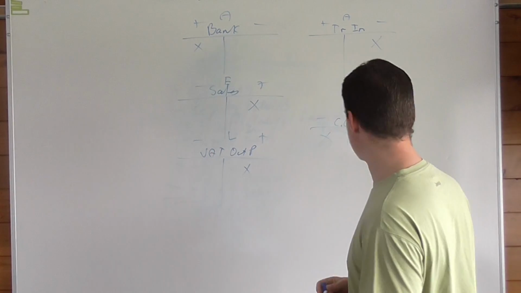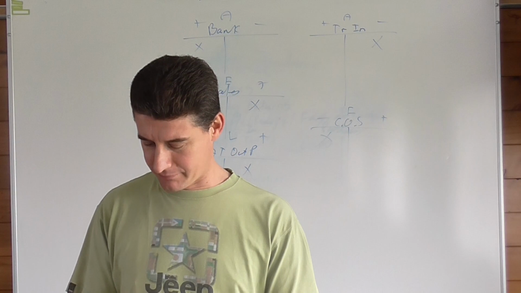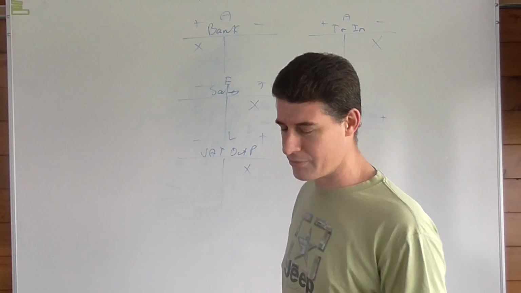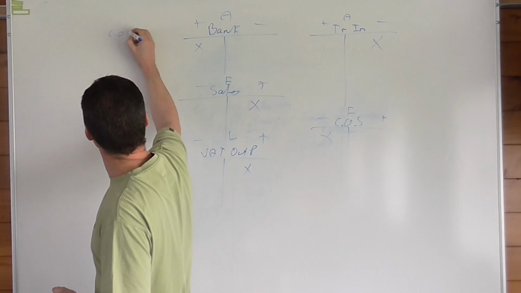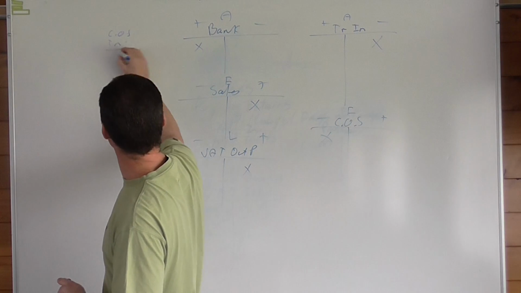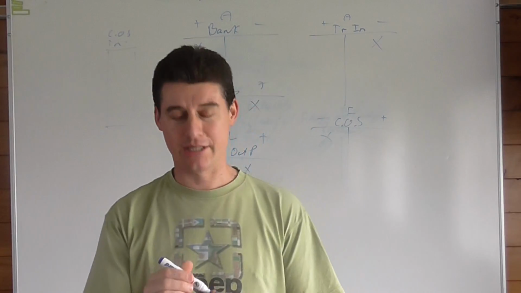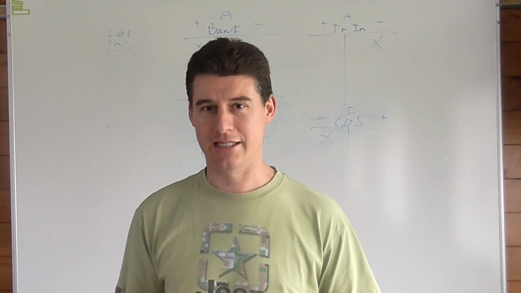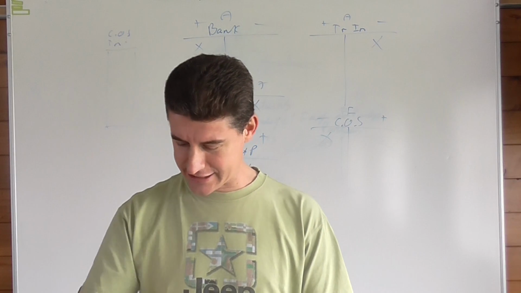So that is also something that changes. Your columns will change. Under the perpetual, you will have that cost of sales and trading inventory column in your books. Under the periodic, it will not be there because it is not necessary.